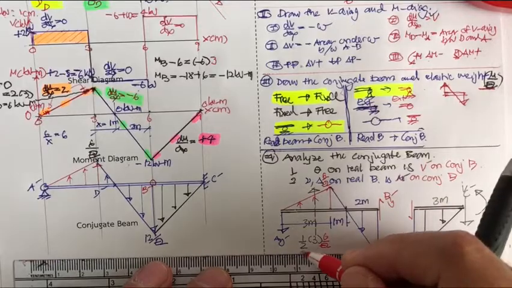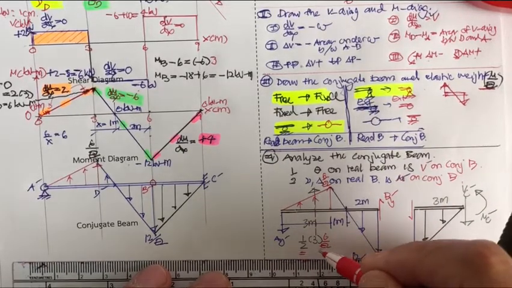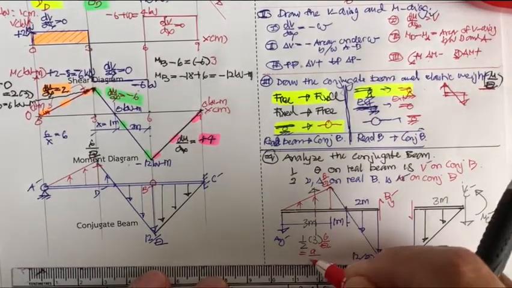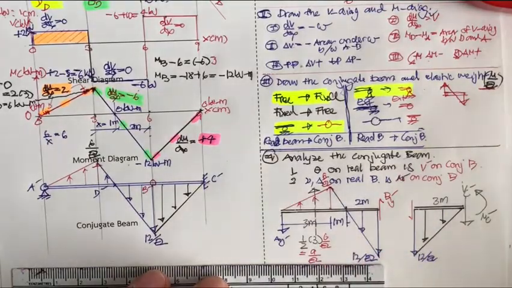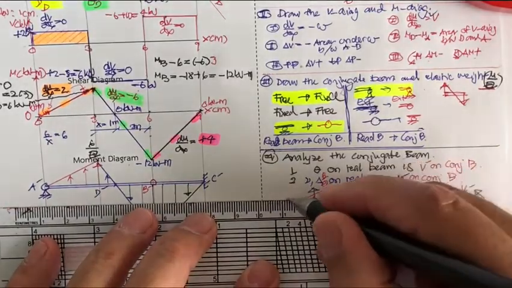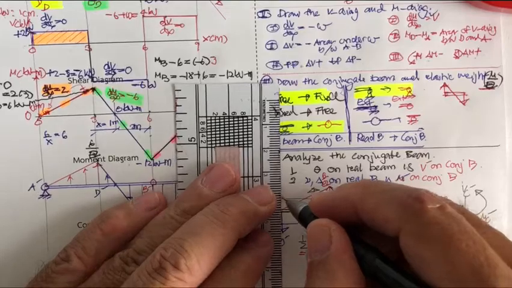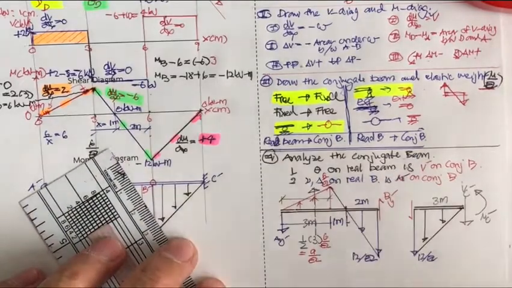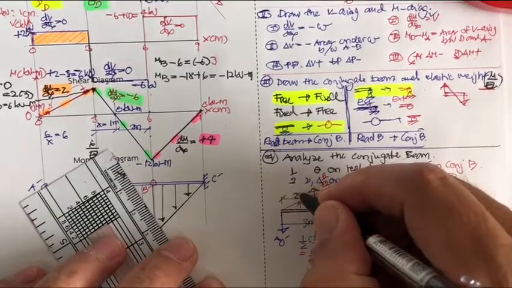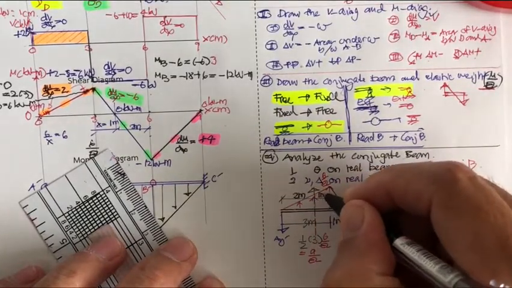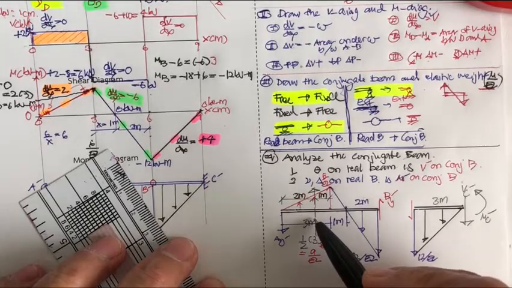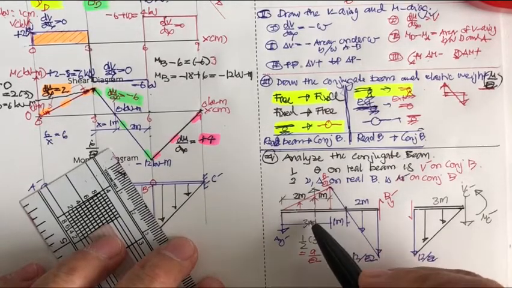So this one is going to be 9 over EI. Okay, and then if you like, the position of this can be found. This is going to be 2 meter. This is going to be 1 meter. This is 1/3 of 3. This is 2/3 of 3.